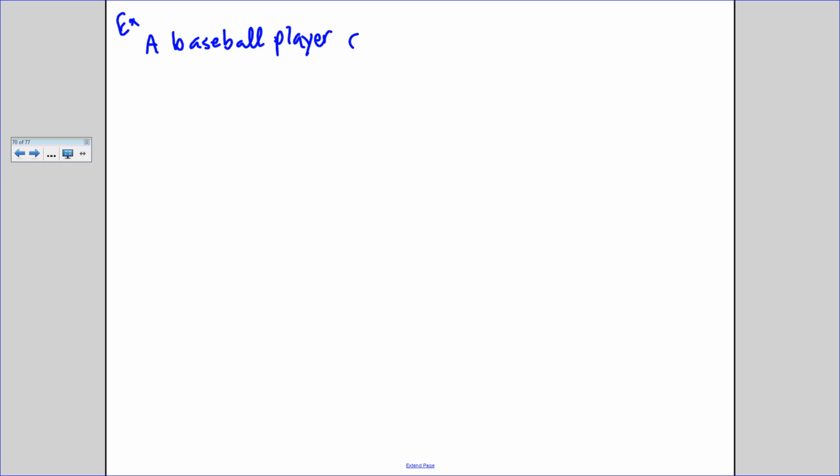a baseball player exerts a force of 200 newtons for a distance of 5 meters. That's a long distance, that'd be like 15 feet, but we'll still use it, that's what I wrote.